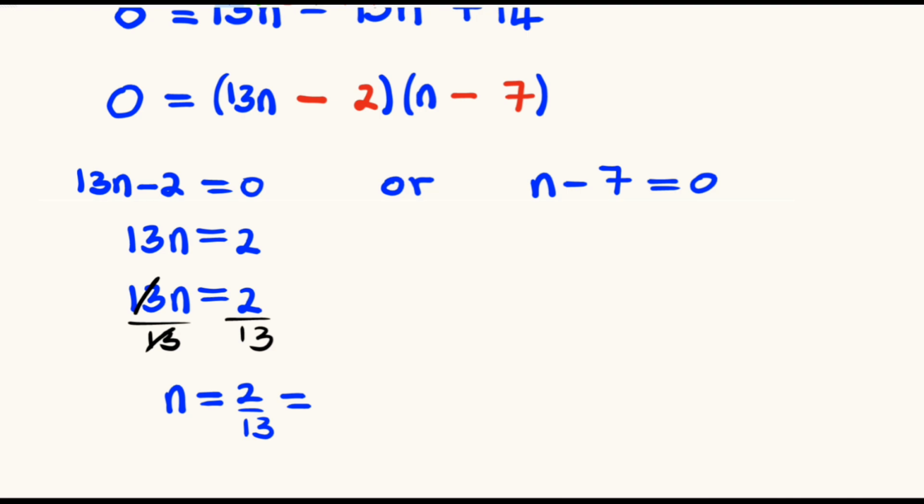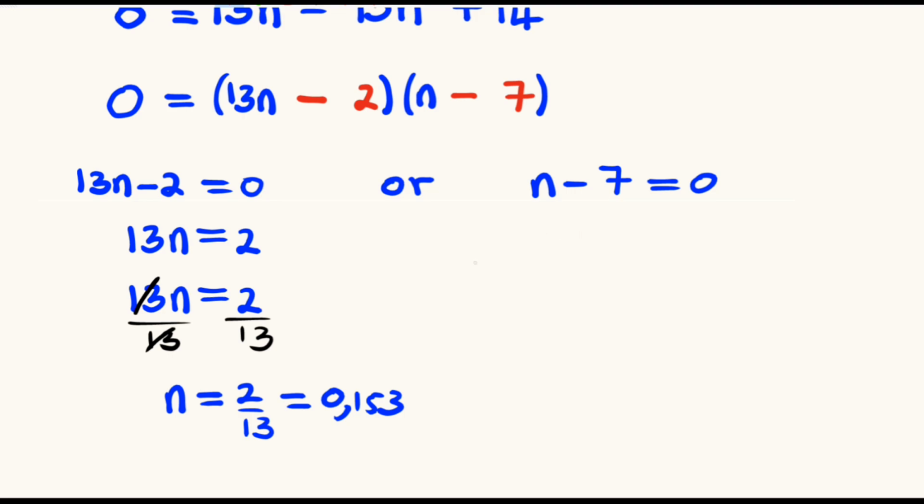In decimal form, 2 divided by 13 is approximately equal to 0.153. And remember that n has to be greater than or equal to 1. So we are not going to tolerate this fraction.